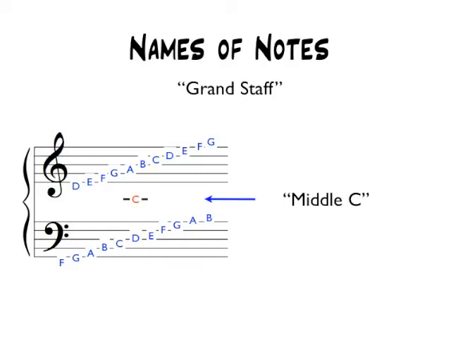We learned it in pieces so that it's easier for you to grasp and hold onto, like FACE, All Cars Eat Gas and things like that, as opposed to just trying to do it in successive order like this. But this is a grand indication to show you that yes, it all does make sense. There's a reason that those notes are named that way, and they all connect and make sense.